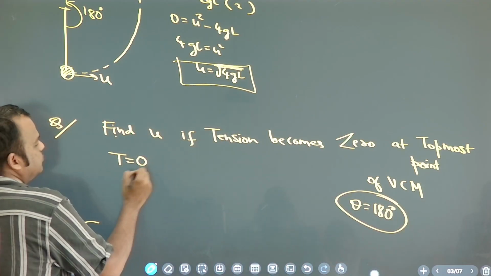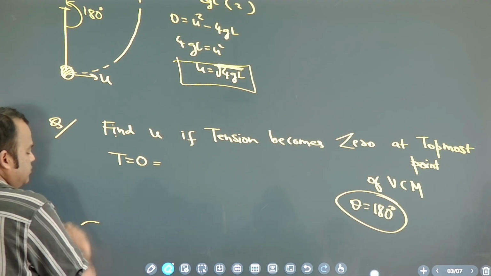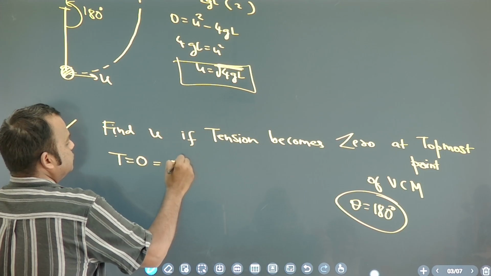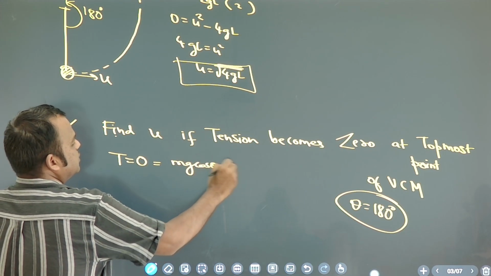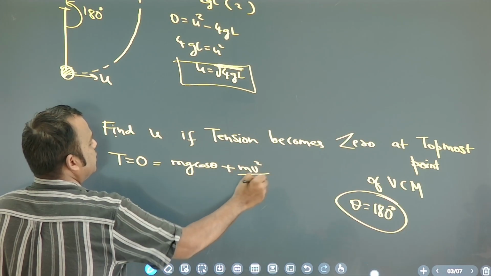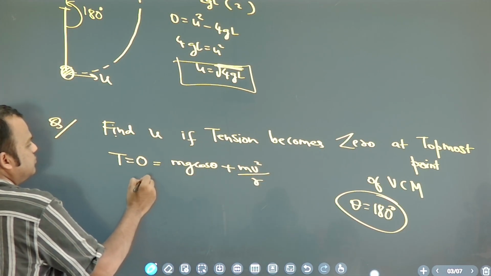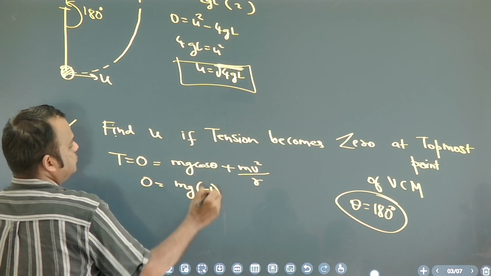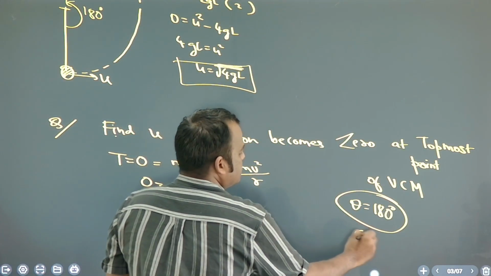So 0 is equal to mg cos theta plus mv square by r, and cos 180 is minus 1.